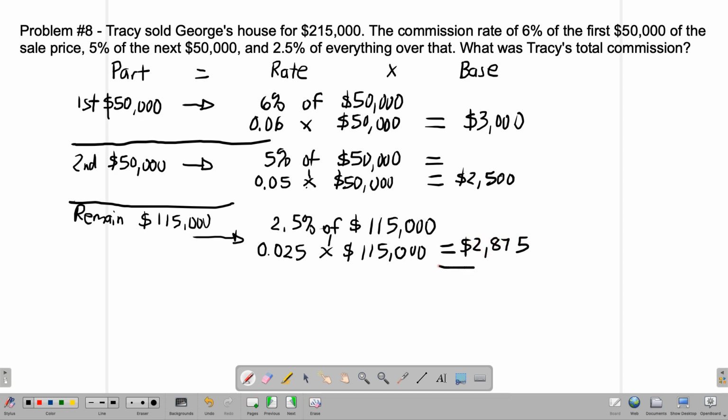So the key now here to compute the commission, the total commission, is adding up 3,000, 2,500, and 2,875. This gives us a value of 8,375. And this is what we wanted to show for problem number 8.